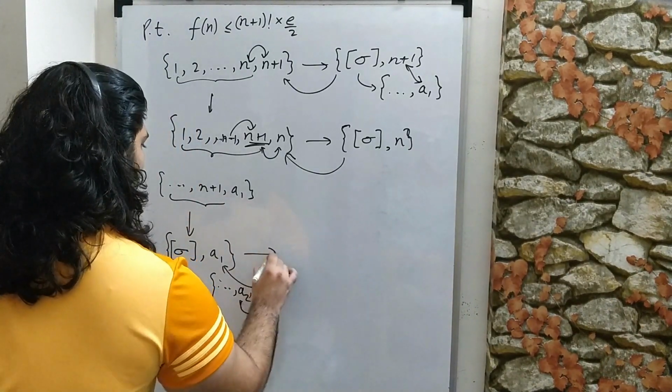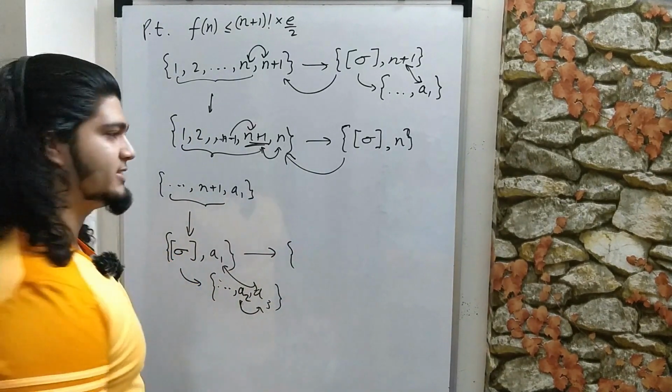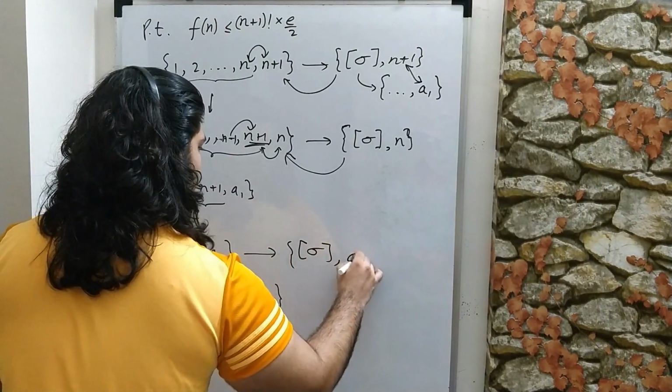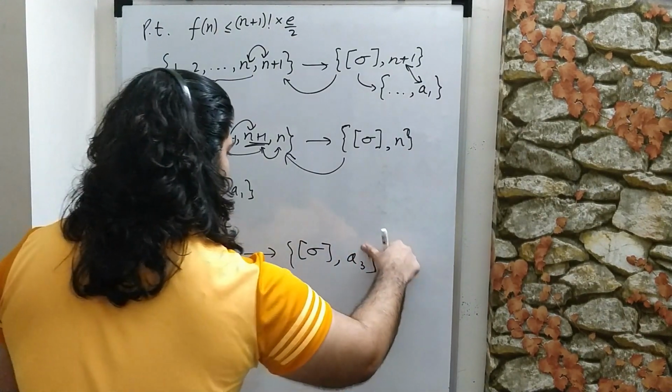So then let's assume the worst case scenario, then we'll have covered all possible permutations with a3 in the last place.